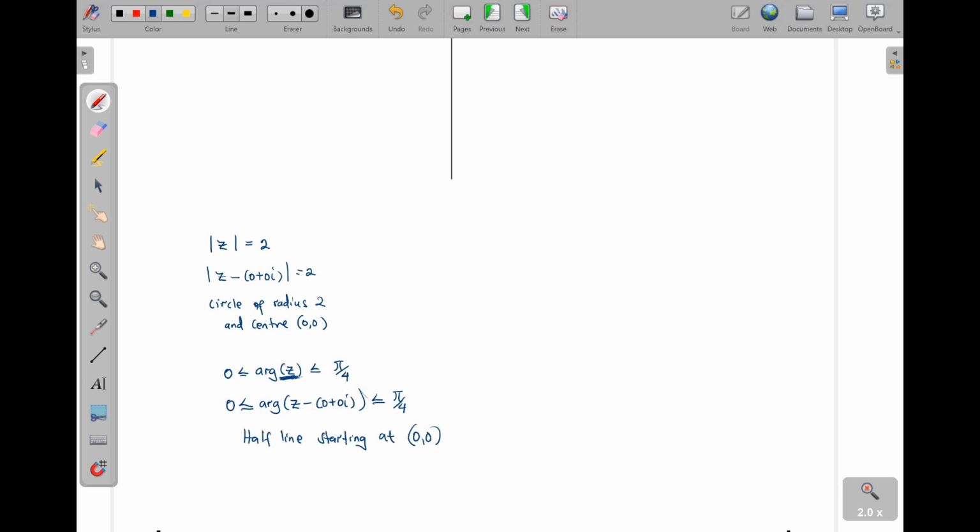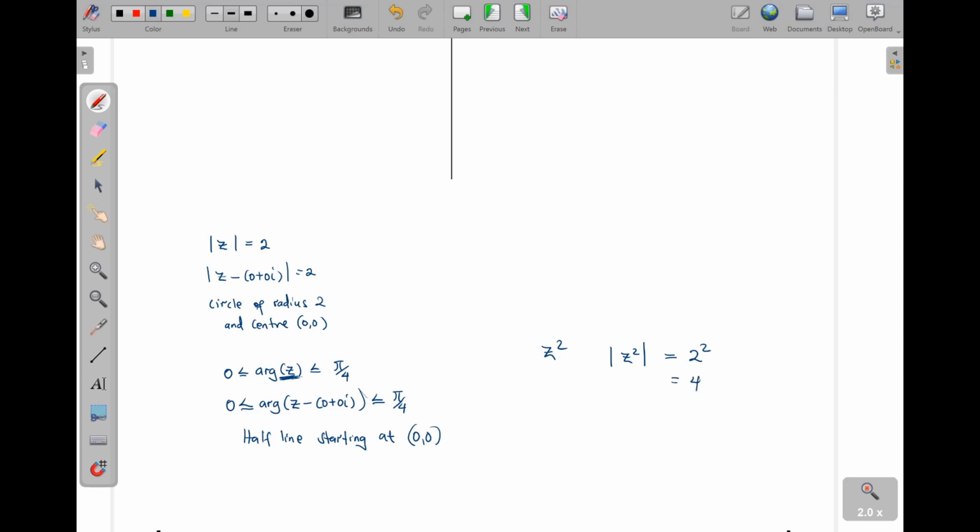If we have the modulus of z squared, this one is actually the same as saying we are also going to square the radius. So when we square the radius, this one is going to be a 4.